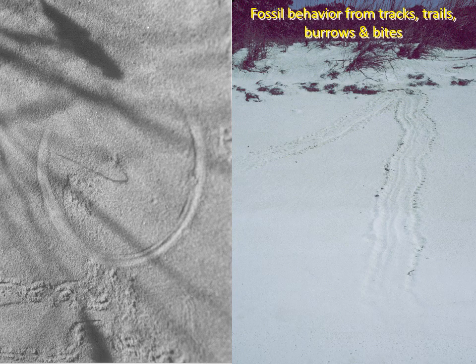First of all, looking at any kind of fossilized burrow, track, or trail, or a bite mark, these can be useful. So for example, these are modern photographs of organisms interacting on sandy beaches.